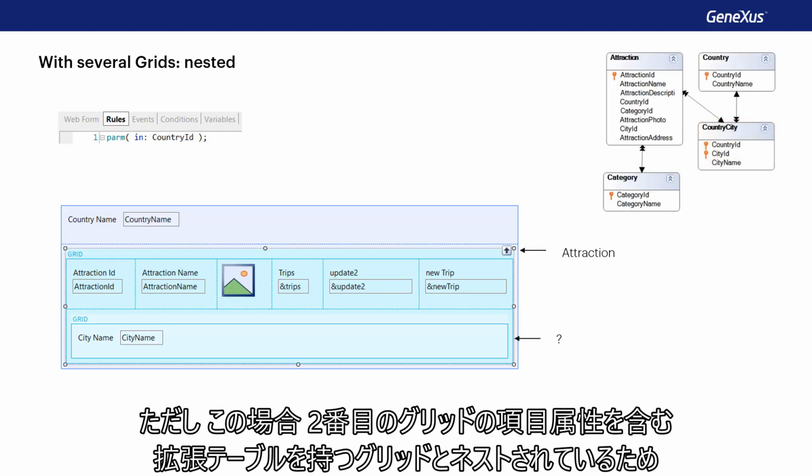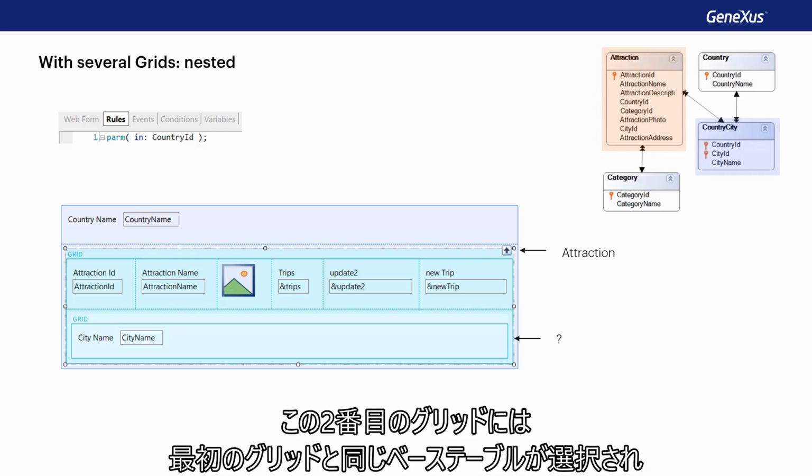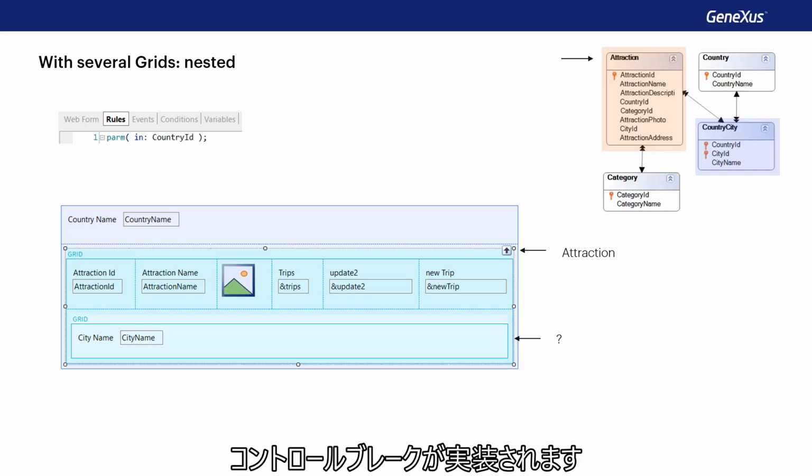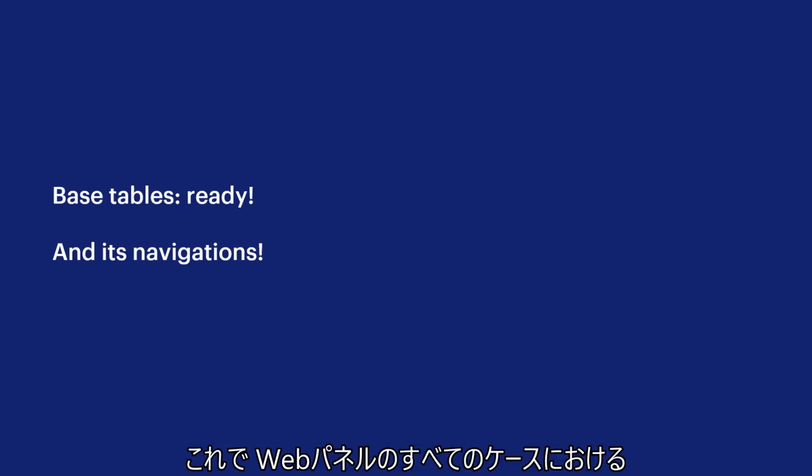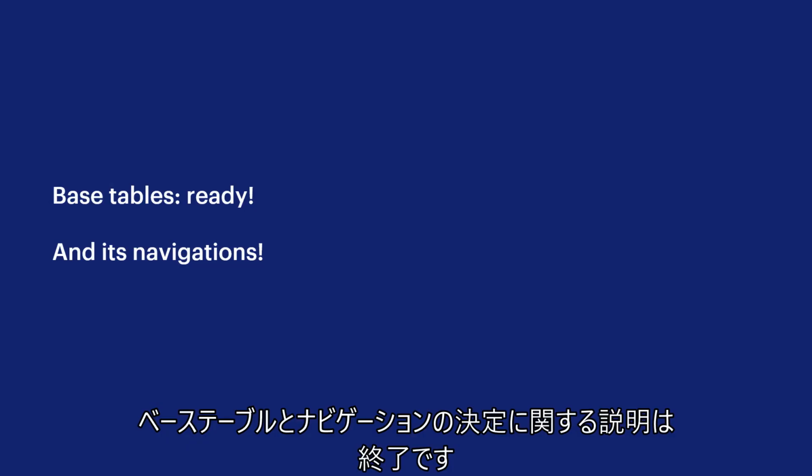However, in this case, and because it's nested with a grid that has an extended table that includes the attributes of the second grid, it'll select for this second grid the same base table as that of the first grid, thus implementing a controlled break. And this concludes the study of determining base tables and navigations for all cases of web panels.